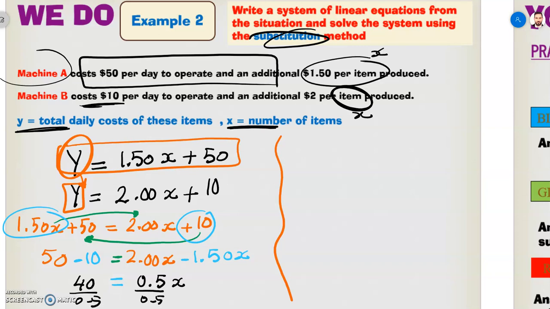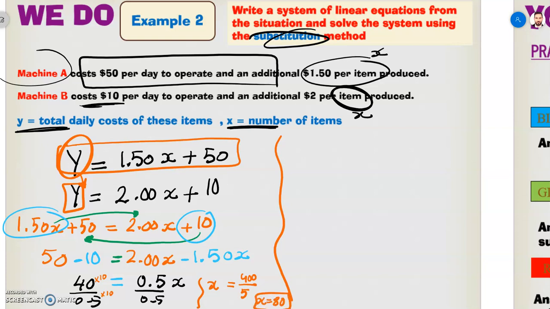If you cannot divide by 0.5, guys, I advise all of you to just multiply it by 10. So it will be like x equal 4 times 10 is 400, divided by 5. 400 divided by 5, you will get 40 divided by 5 equal 8. So 400 divided by 5 equals 80. So x in this case is equal to 80.